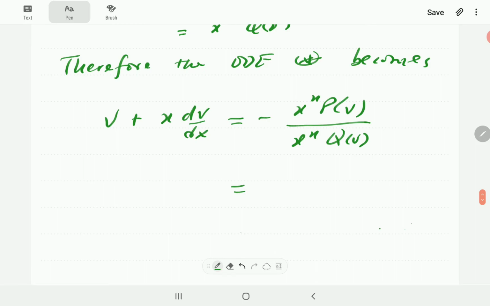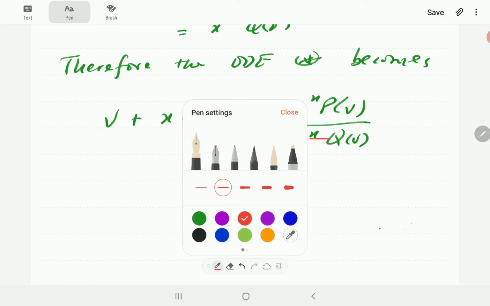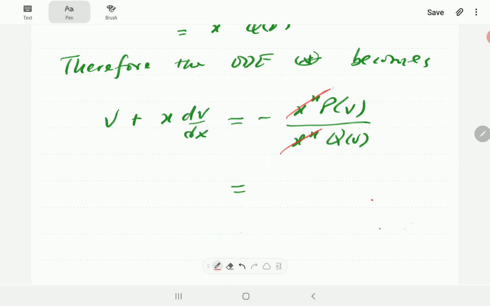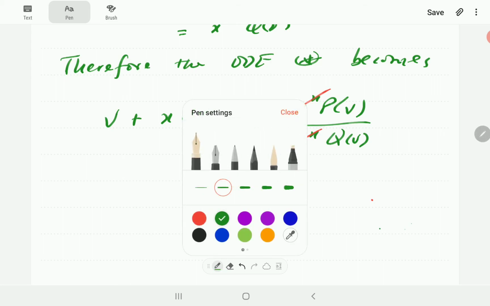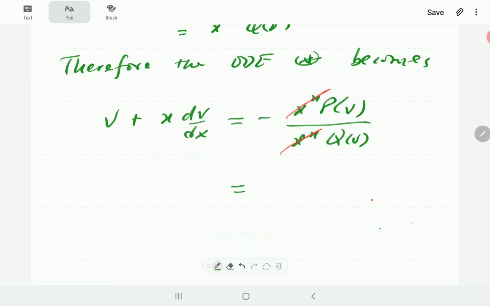The x to the power n cancels out. Then p of v divided by q of v is just another function of v. Let's call it r of v, so we have negative r of v here.